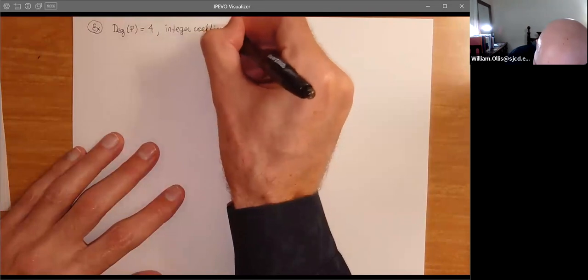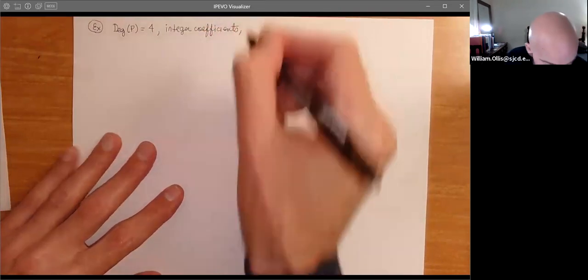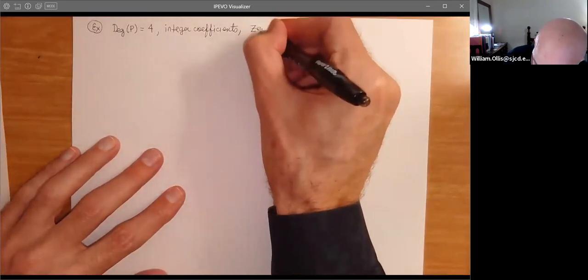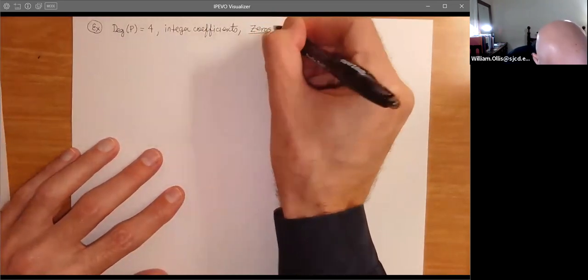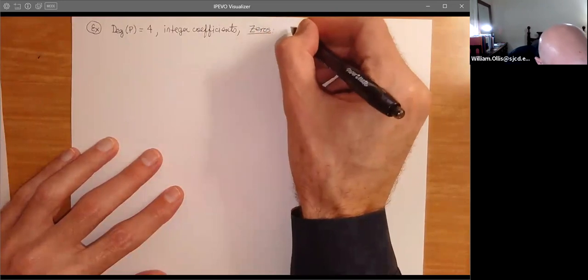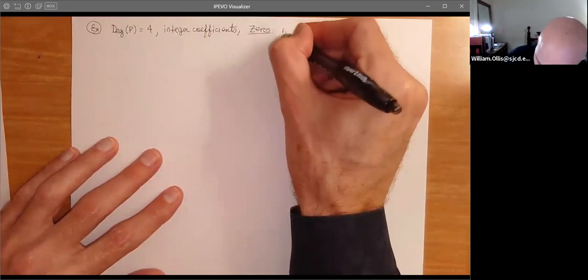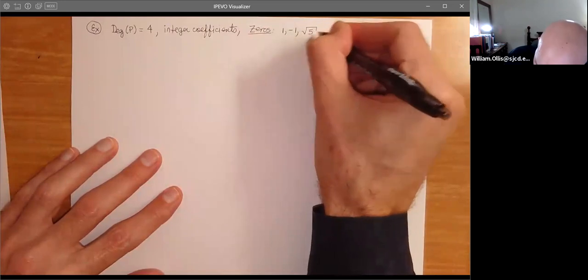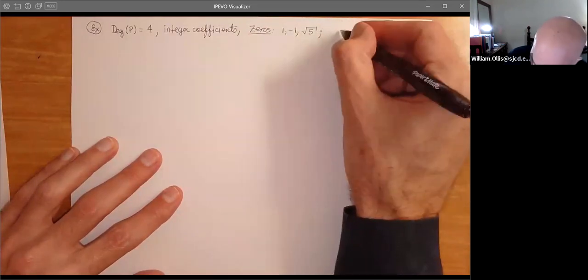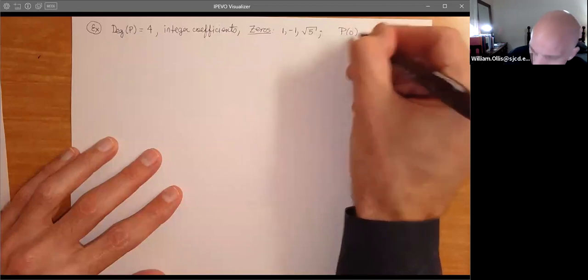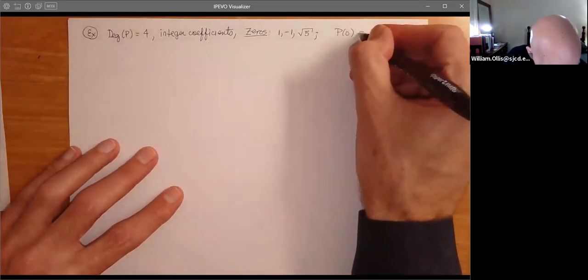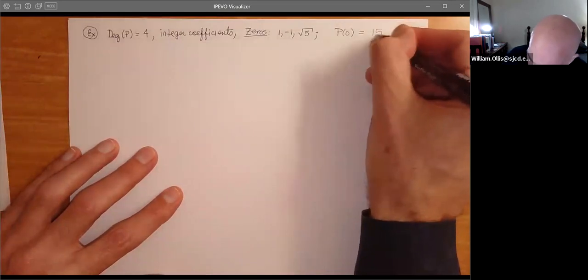I keep saying, this is pretty much what we study in this class. We want zeros to be, let's see, in this problem, a 1, a -1, and a square root of 5. And we want the constant term, which would be P of 0. That's like the y-intercept. We've done that before. We want that to be 15.